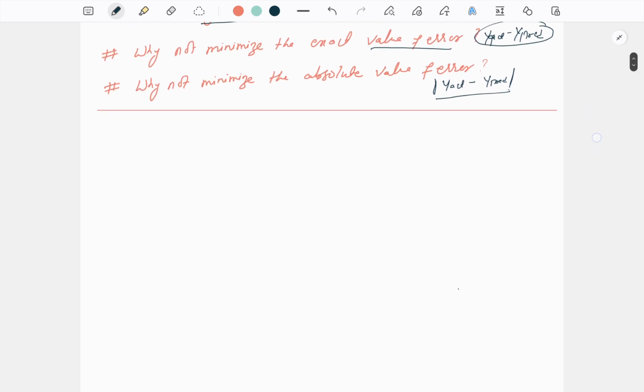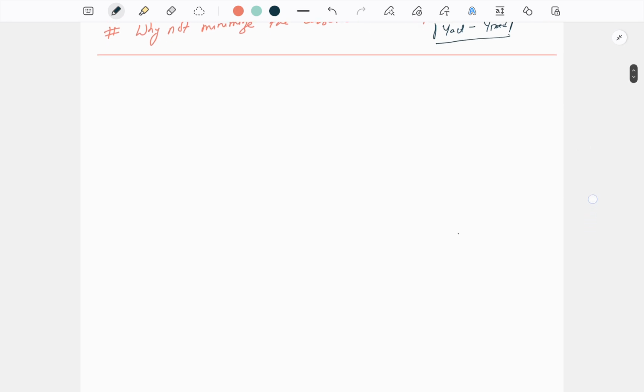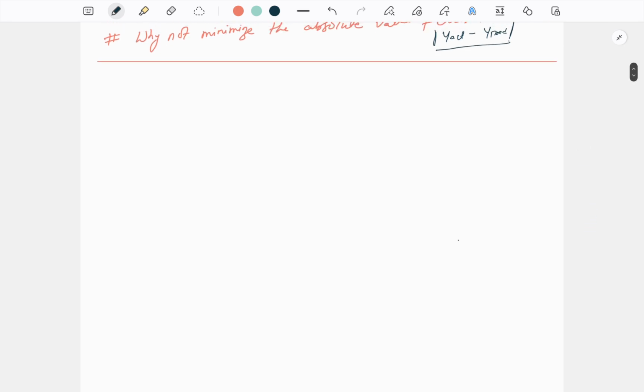Now coming to the content of this video, we will continue with our cost function, the residual sum of squares, which is the sum of ei squared, i equal to 1 to n, where ei is y actual minus y predicted.